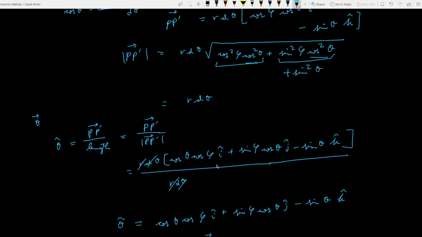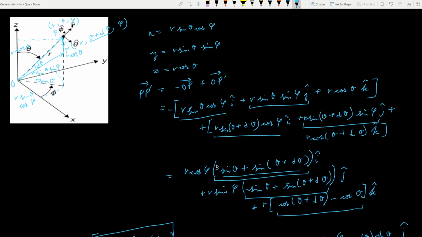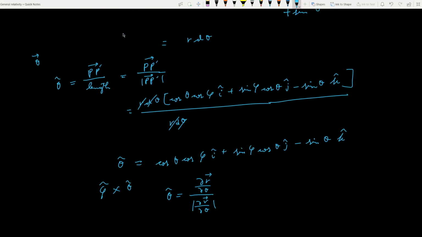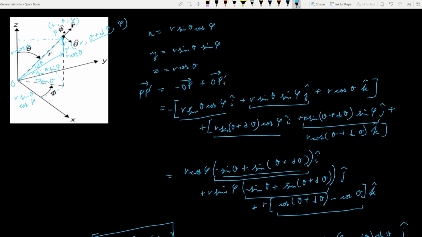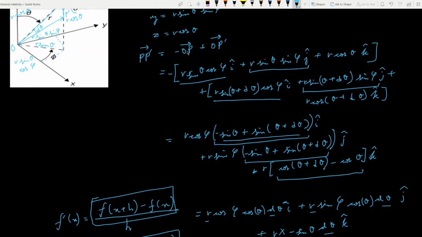Well, notice that we have the vector r(θ + dθ, φ), but if we write our original vector, our original vector is just OP, right? OP is just this part right here.